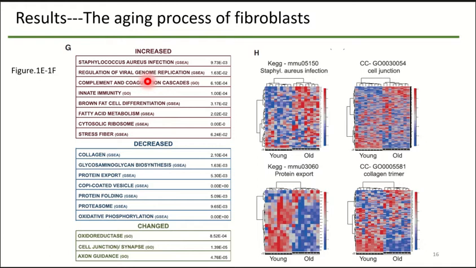A large number of genes related to fat formation, lipid metabolism, and adipocyte differentiation were also increased. So in Figure 1H, we can see that the expression of genes related to inflammation was increased in old fibroblasts. In the cell junction part has changed.